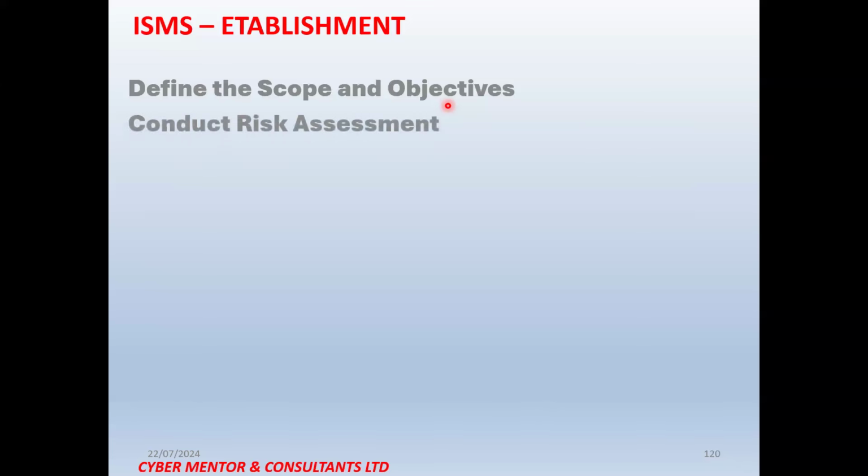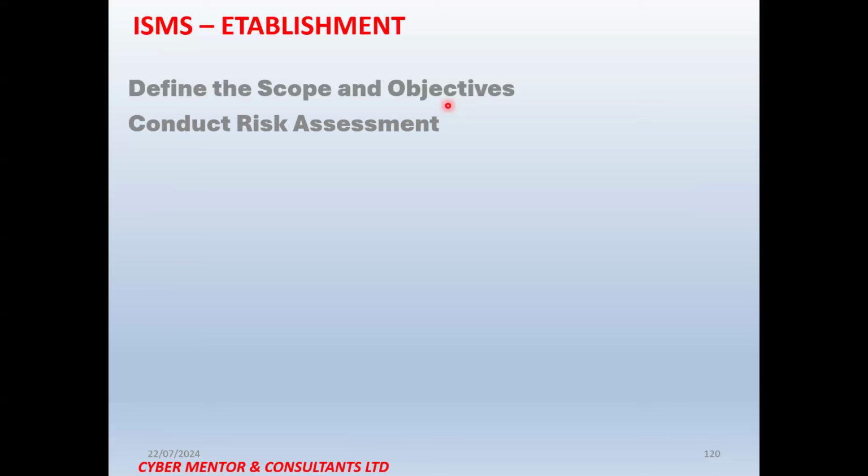And then you need to conduct a risk assessment. Conducting a risk assessment here is like, you want to establish an ISMS, you want to bring security into your processes. So the best thing is to first of all ask, what assets do you have?